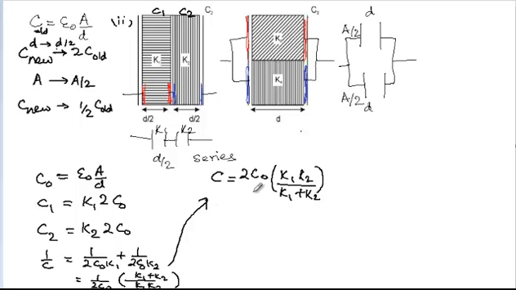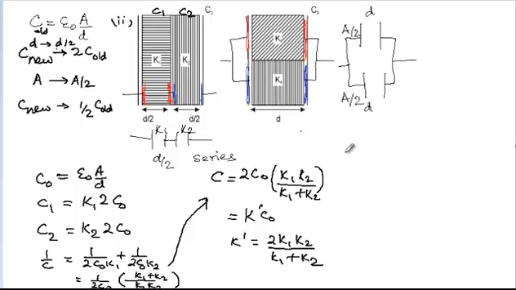So now this new capacitance is equivalent to placing a dielectric of, let's say, K dash as twice K1 K2 by K1 plus K2.